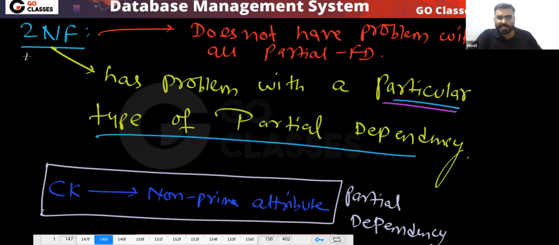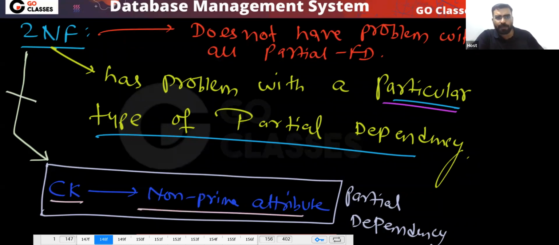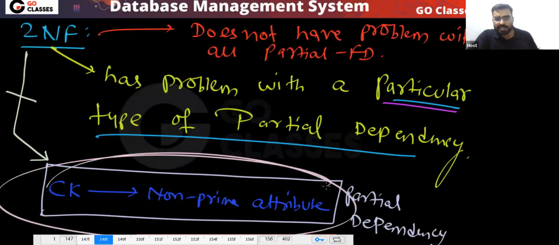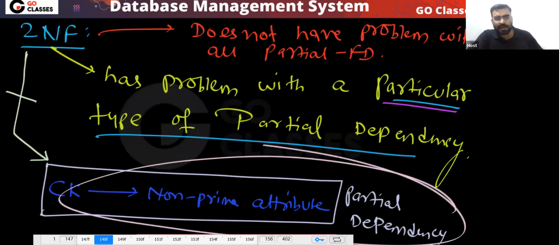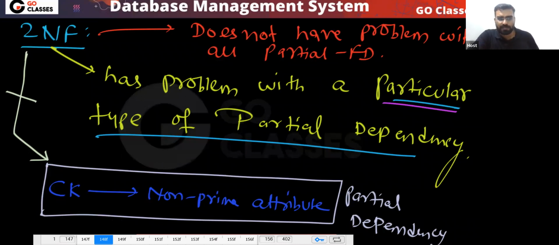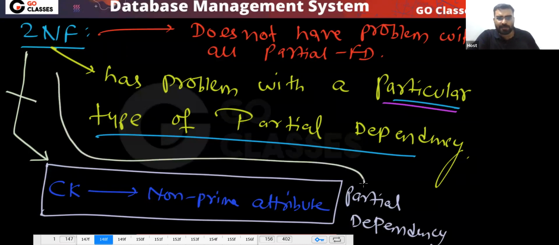So 2NF basically means that this should not happen: a candidate key determining a non-prime attribute should not be a partial dependency. If you have this type of partial dependency, then it is not in 2NF.